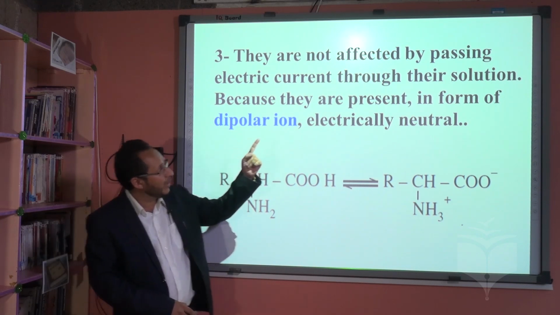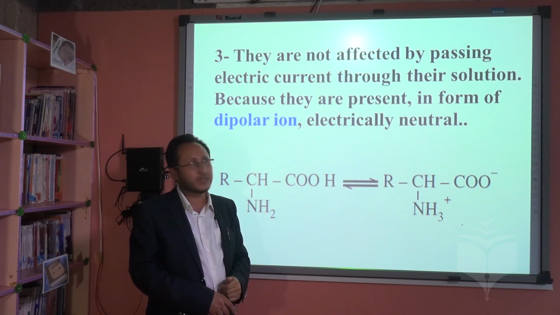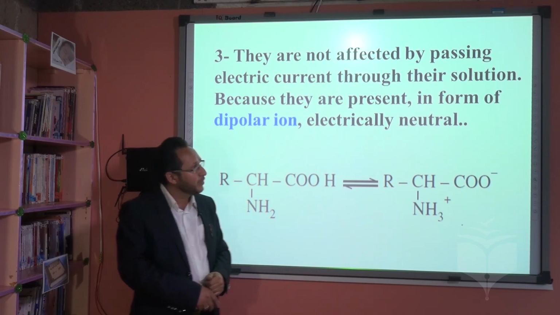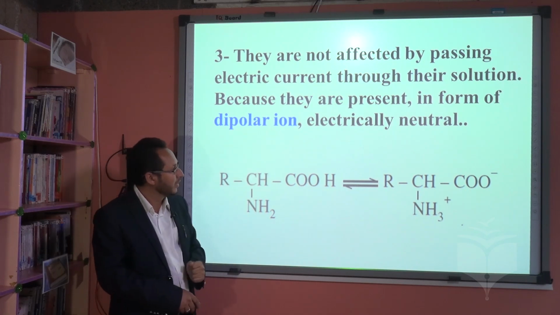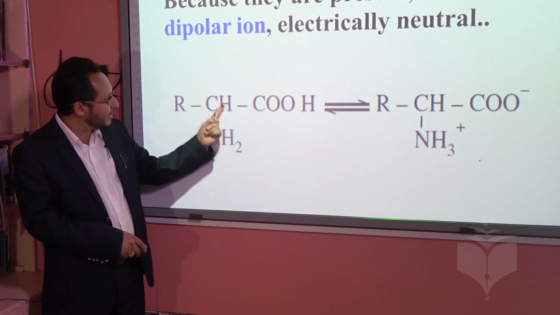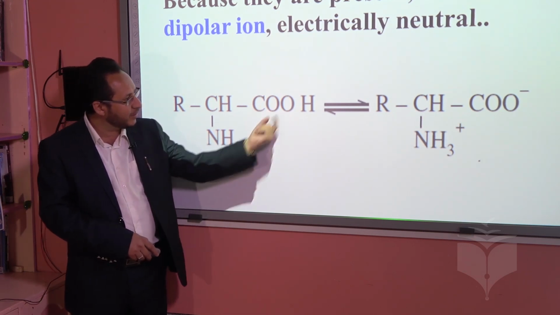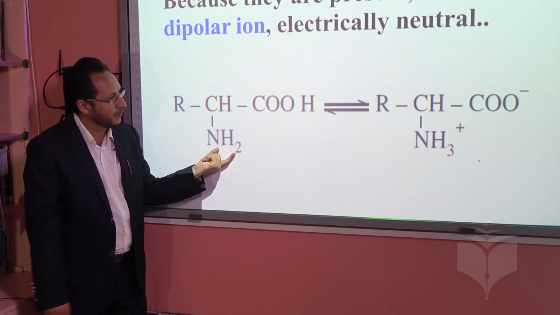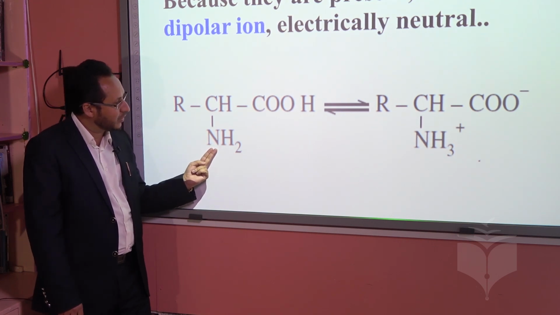They are not affected by passing a current in neutral solution. Why? Because they are present as a dipolar ion. Look, this one, RCHNH2COOH. This is the acidic group and this is the basic group. Now, this N has a pair of electrons.